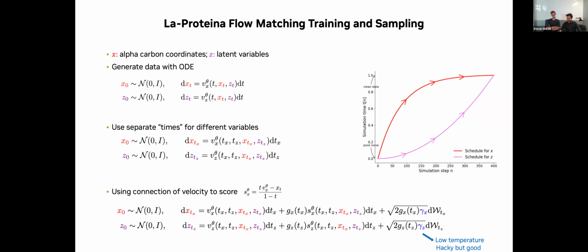Sadly, it's a bit hacky, but it works fairly well in practice, and it's necessary if you want to get good co-designability values and other metrics as well. Intuitively, what this is doing is pruning the tails of the distribution. But again, this is very hand wavy, very hacky, but it works.